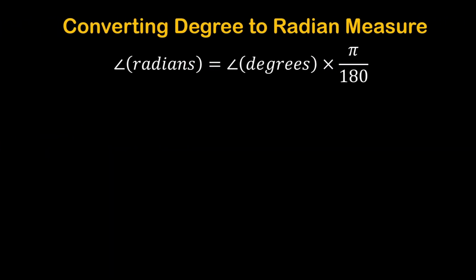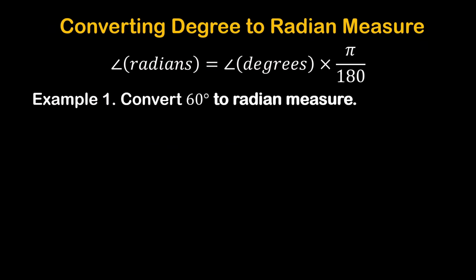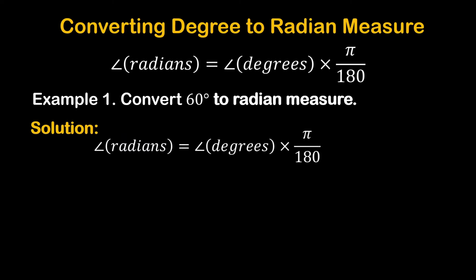For our first example, convert 60 degree to radian measure. Again, to convert degree to radian, we just need to multiply the given degree measure by pi over 180. From our given problem, our degree measure is equal to 60 degree. We multiply that by pi over 180, and that will give us 60 pi over 180.